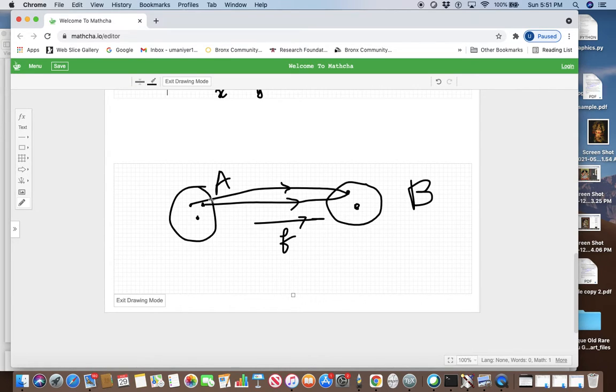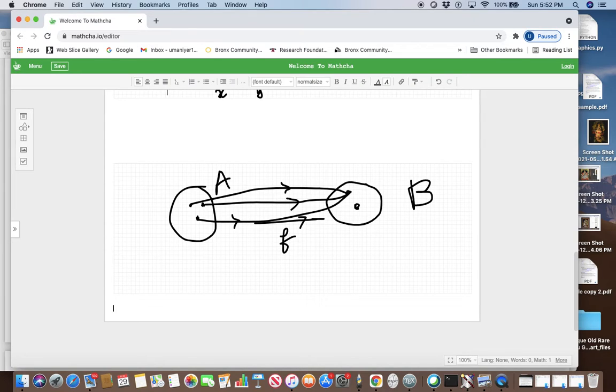Then this is not injective because three different elements went to the same element. It is not surjective because this element never got any. This element is not an image of any of these elements. So this is a pictorial representation.